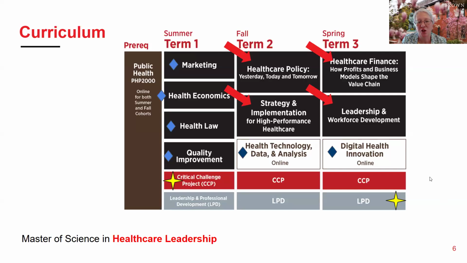And then our Leadership and Professional Development course, which is geared towards your specific professional development. So it's a course about you and the types of skills and knowledge and practice in applying them to leadership situations.